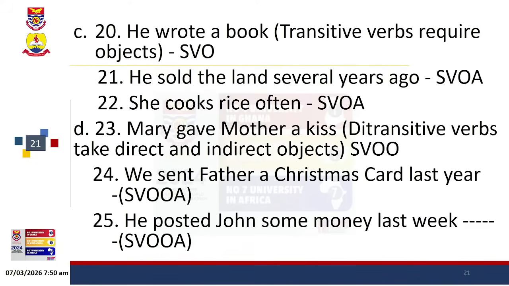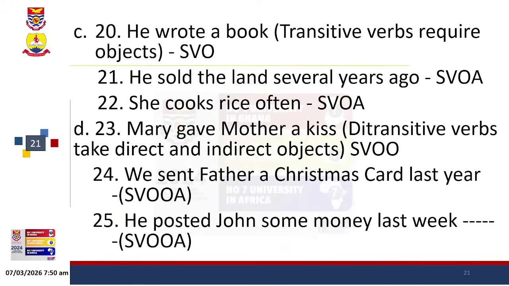Verbs like wrote that have action in them, okay, will license an object, and that is the O. We call them transitive verbs. They must have an object. In fact, I must say that they mostly must have an object. Sometimes we can use them intransitively.